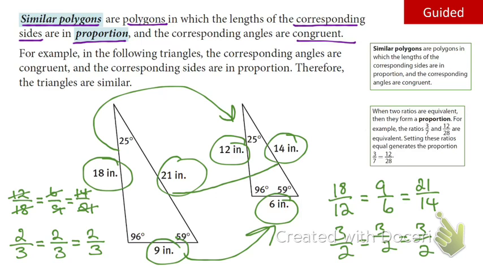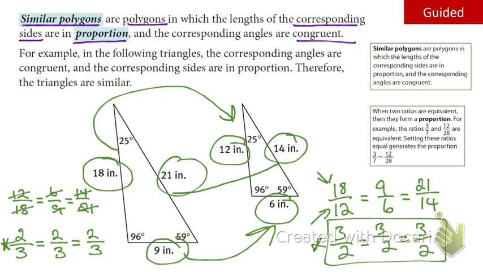It doesn't matter if your larger triangle is on top and your smaller triangle is on the bottom. As long as your ratios are the same, then that means that the triangles are similar.